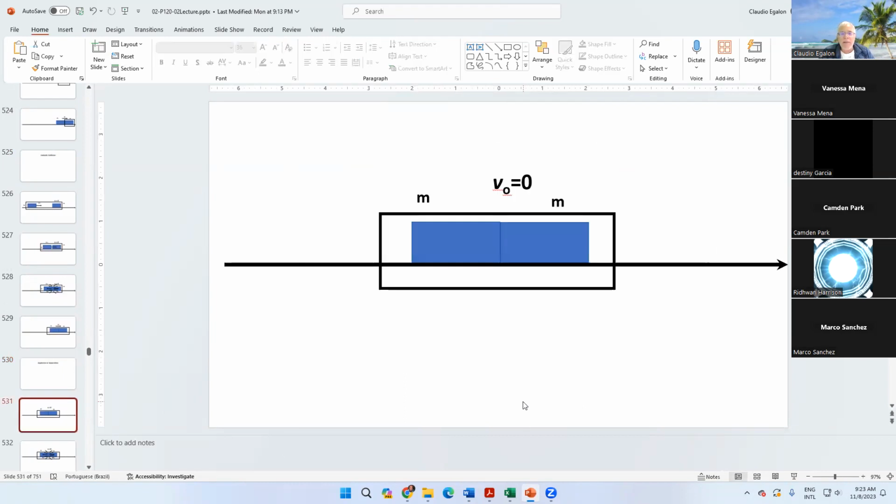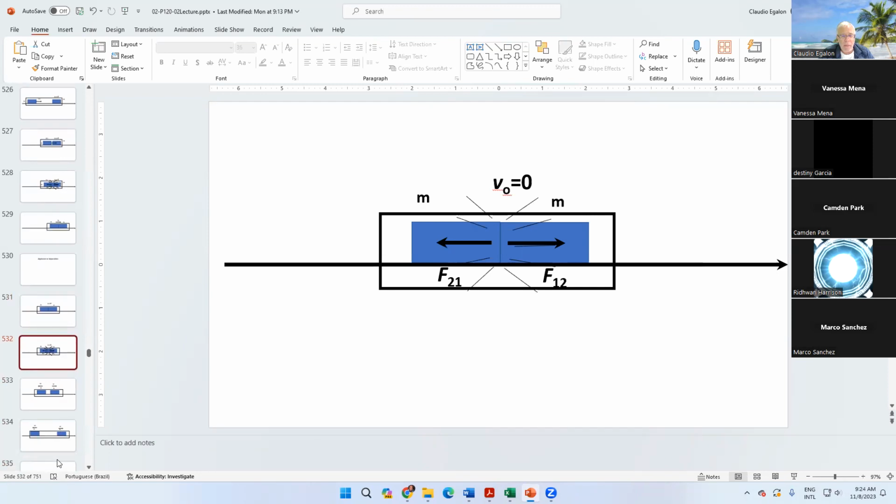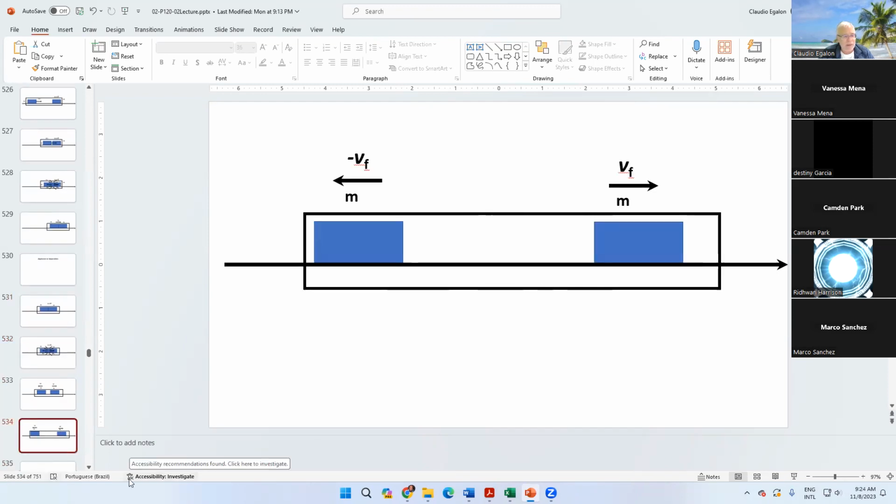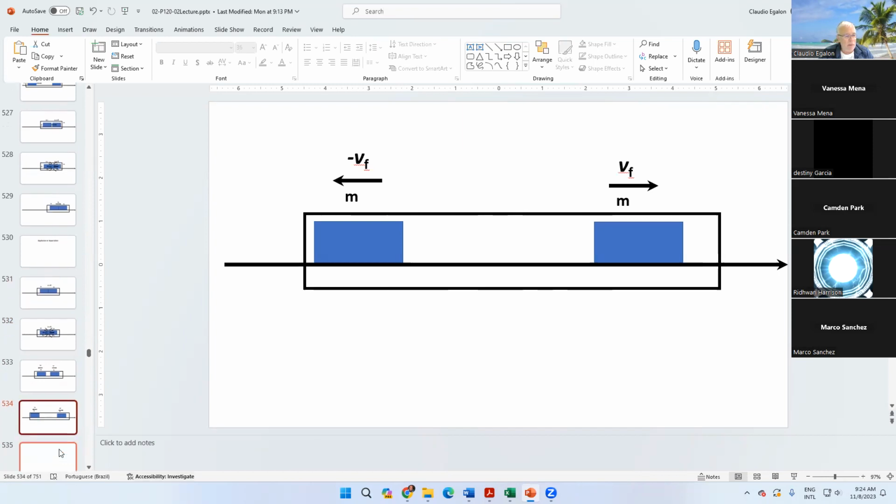We have two objects stuck together, and let's say a spring attaches those two objects, but somehow you release the spring, and the objects are propelled in opposite directions. That's another type of collision problem.